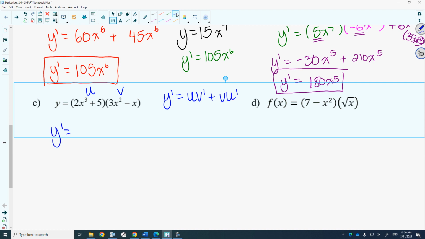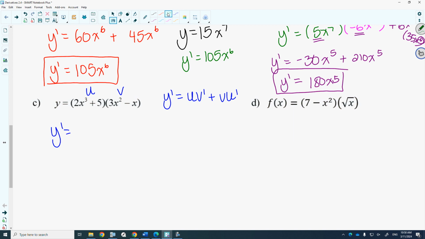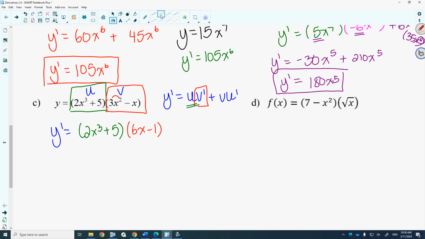So y prime is equal to, so u is first, and then v prime is the derivative of the second function. So the derivative of this would be 6x minus 1.